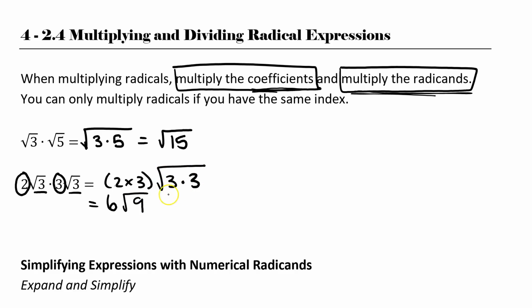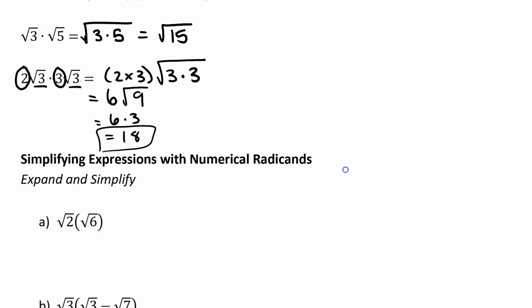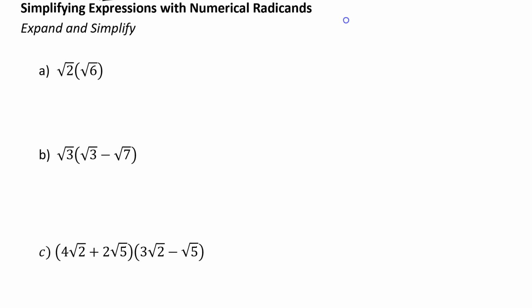Probably at this point you could have been like, oh, that's just 3. So then we have 6 times 3, which is simply 18. So sometimes when we multiply radicals together, we're going to come out with just a natural number or any integer. It doesn't have to have a square root or a radical in it.